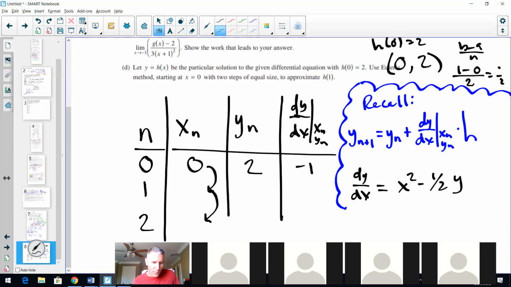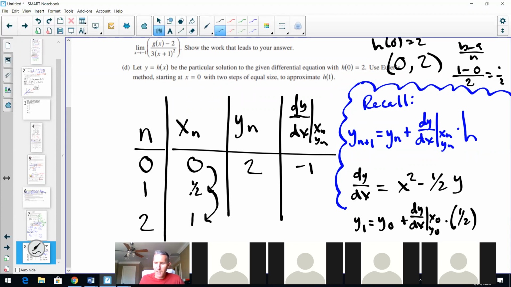So there's 1/2. So this is going to be 1/2 and 1, right? Now, my y sub 1 equals y sub 0 plus dy/dx evaluated at x sub 0, y sub 0 times, and this is just going to be 1/2. Okay?